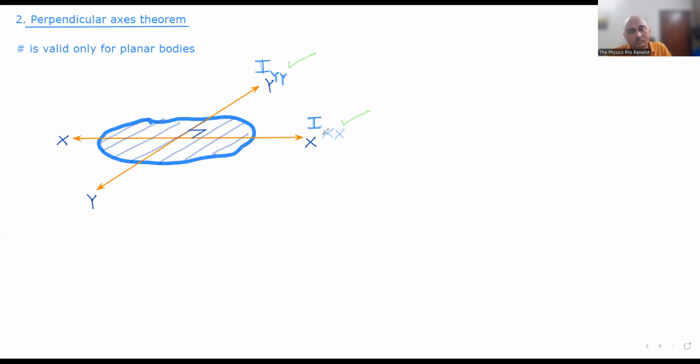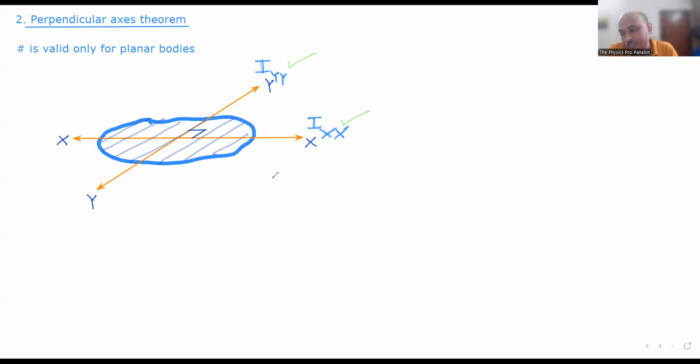So the body is coplanar with the XY plane, and we know the moment of inertia about any two axes in the XY plane which are perpendicular to each other. In this case, we are taking the moment of inertia about the x-axis and y-axis. These are the given conditions.